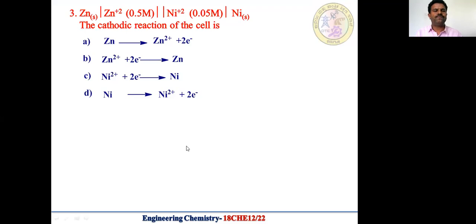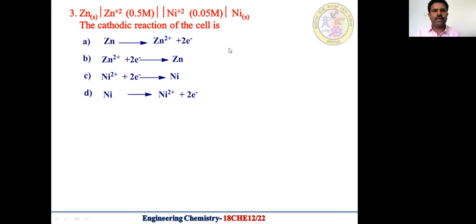Question number 3. Zinc solid in zinc 2+ ion solution of 0.5 molar and simultaneously nickel immersed in nickel 2+ ion of 0.05 molar, and these are separated by a salt bridge. Then the cathodic reaction of the cell is, so according to UPSC convention, the cathode should be written on the right side of the representation.